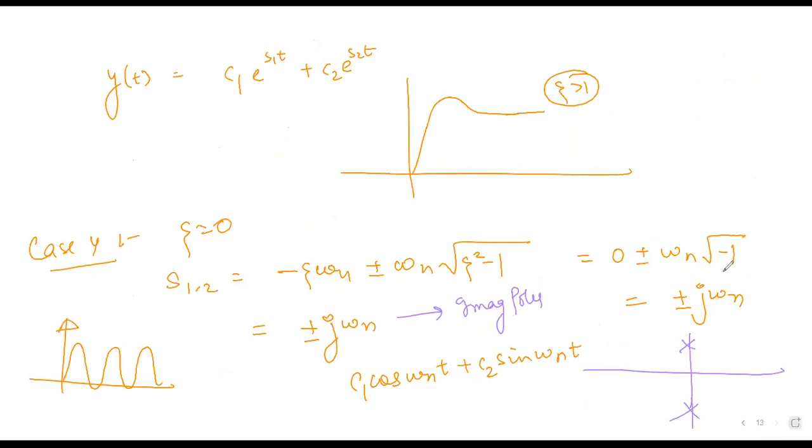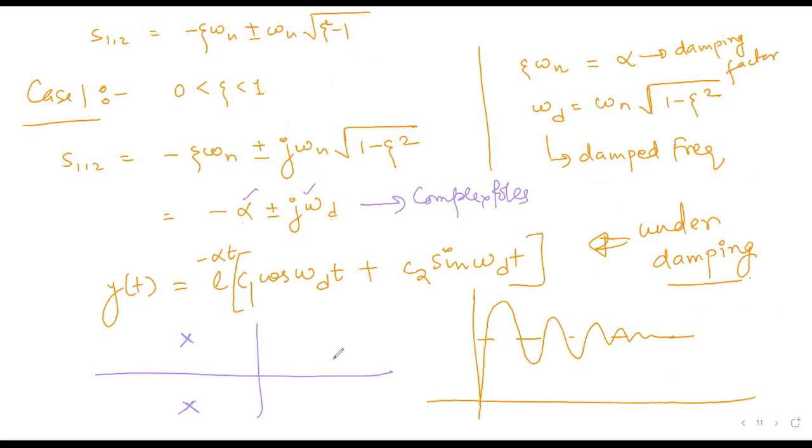Is there a question on the exam? It is very easy to find which case it is. Suppose they have given the pole locations and they ask you which it is: underdamped, undamped, critically damped, or overdamped. If the poles are complex, then definitely it is going to be case 1.